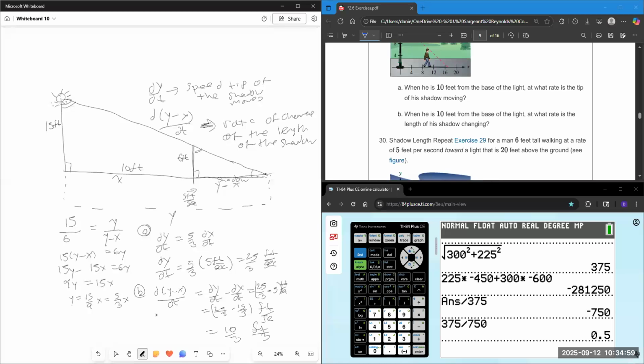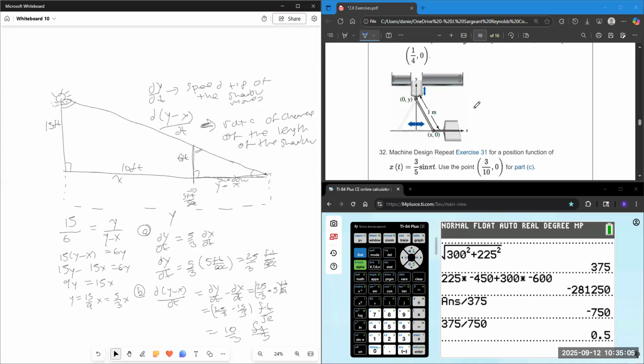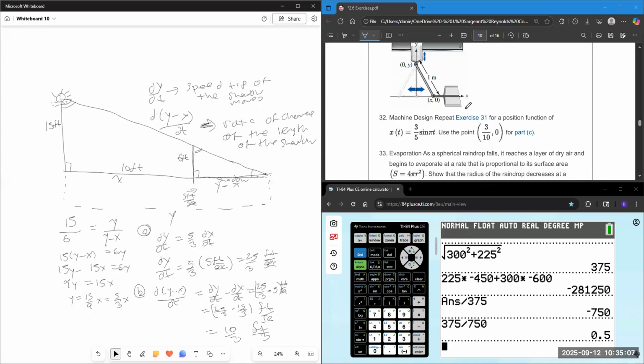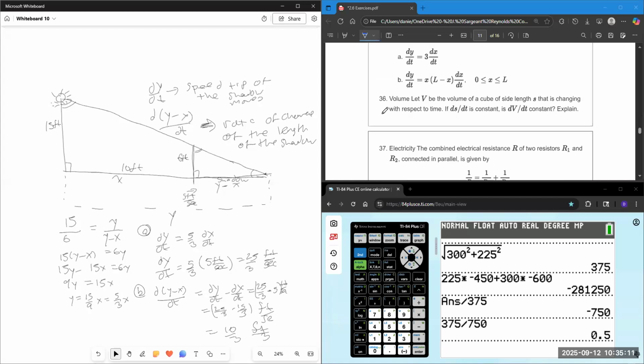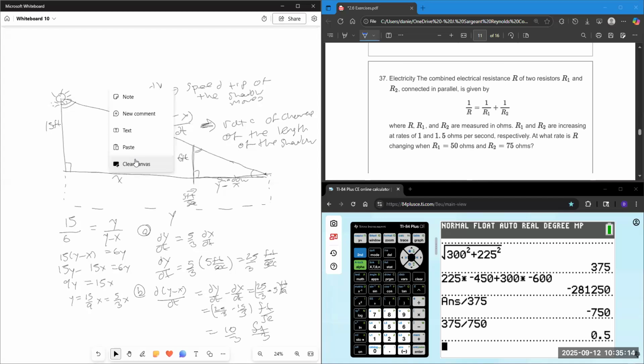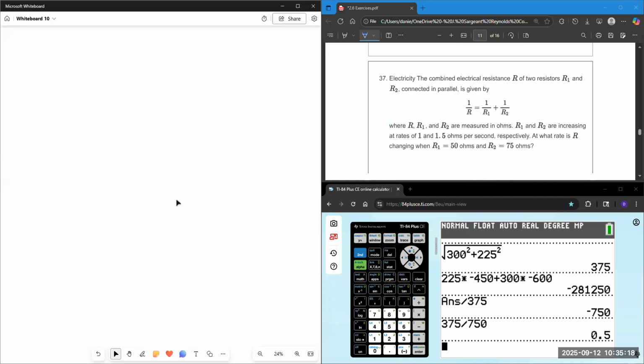Okay. Let's move on to number 37. 37 is a resistor problem.